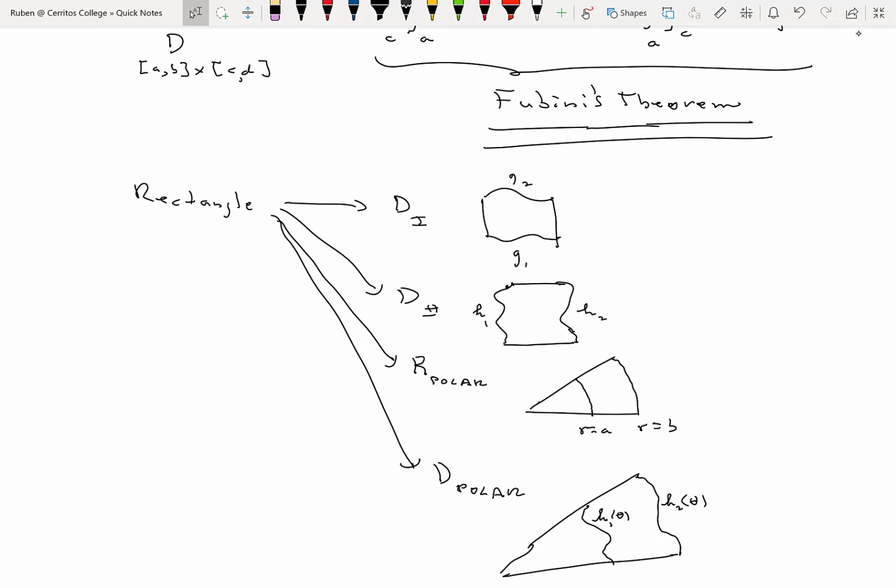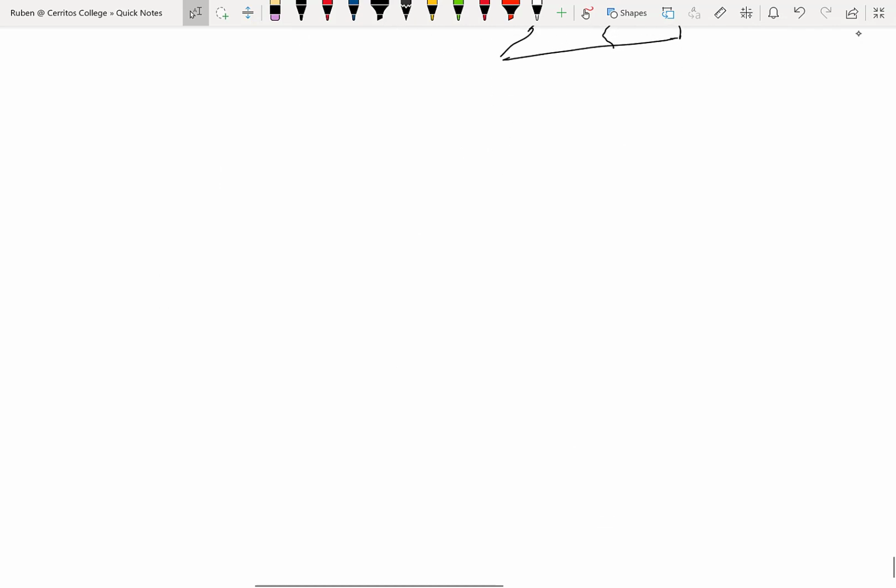Okay, the single integral started with a continuous function defined on a closed interval AB. Double integral started with a continuous function f of x, y defined on the rectangle AB cross CD. We do a similar thing now. Start now with a function of 3 variables.